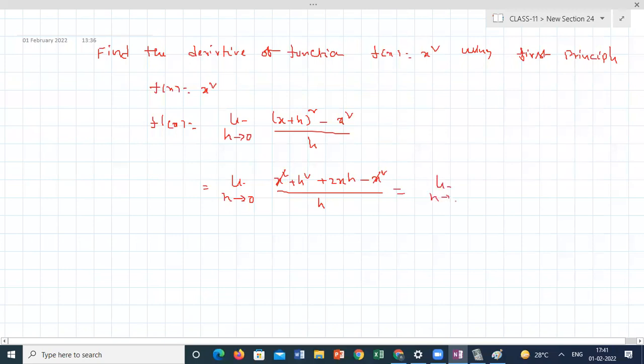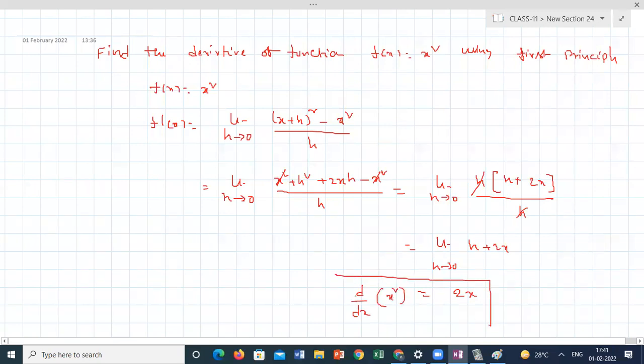Limit h tends to 0, taking h common, h plus 2x. Here h cancels, so limit h tends to 0, h plus 2x, the answer is 2x. So d by dx of x square is 2x. Is it clear, students?